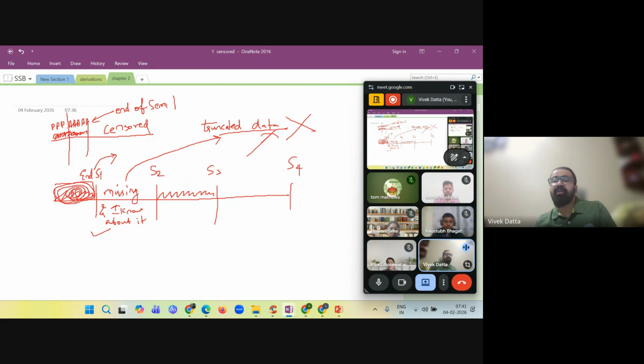Because he's not withdrawn. He paid the fees, then fell ill, and didn't come for the entire semester. So he'll be marked as absent, absent, absent, absent. And on that ground, he may be allowed to sit additional exams, subject to which he may go to Sem 3.